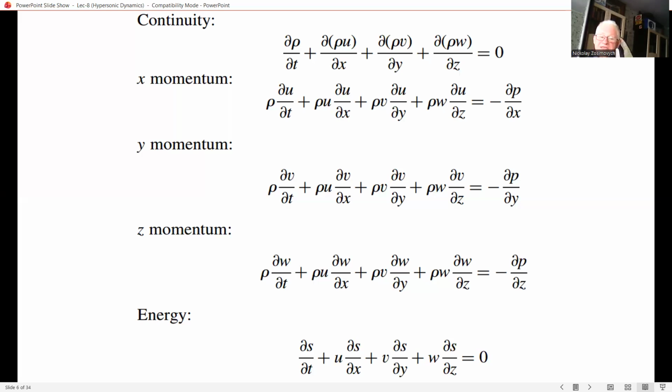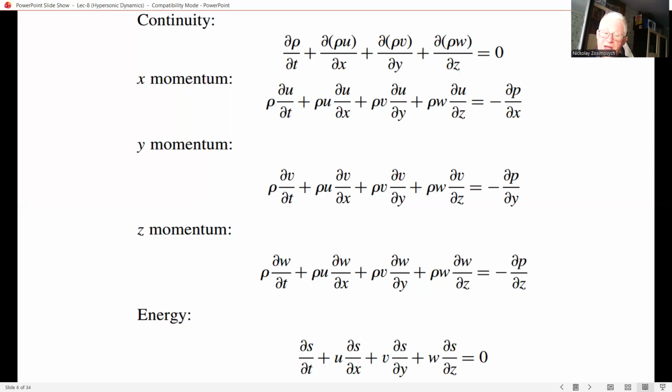Exact means that the full conservation equations have been used with no geometric simplification. In turn, all the exact methods are numerical methods. They must be. So this lecture deals with a sequence of numerical methods for calculating inviscid hypersonic flow.